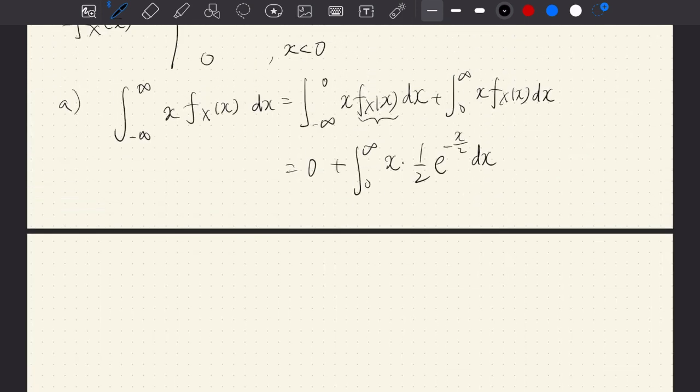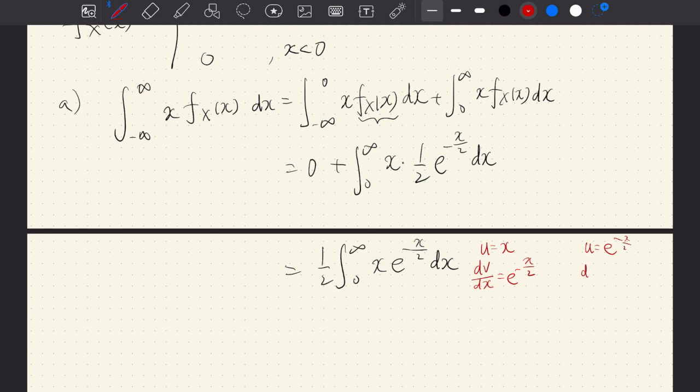Now you see that we have 1/2 times the integral of x e^(-x/2) dx. For this integral, we have to use integration by parts. We can let u equal x and dv/dx equal e^(-x/2), or we can let u equal e^(-x/2) and dv/dx equal x.